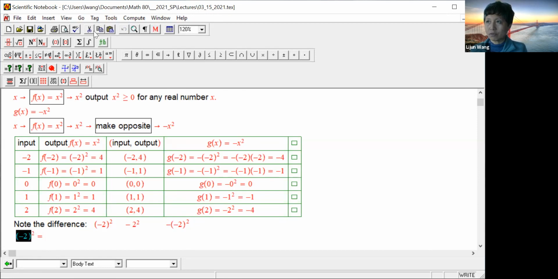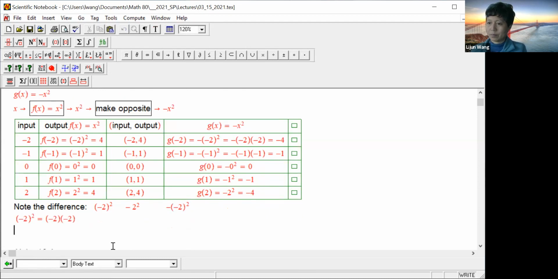The base is -2, so (-2) squared means that. -2 squared without parentheses means -(2 times 2).